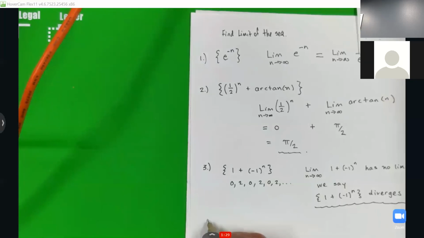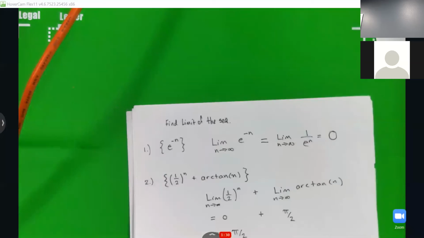Okay, how about n to the negative 1 over n? Is that hard?